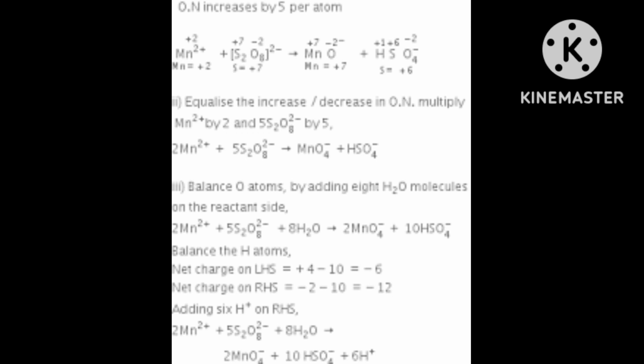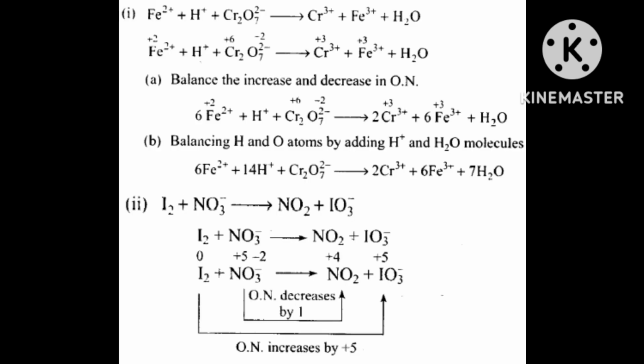Only one H2O. One H2O means 2 hydrogen came, and along with hydrogen, oxygen also came. Now if you check oxygen-wise and hydrogen-wise, you will find that the number of hydrogen and the number of oxygen is equal on both sides. Manganese and bromide are already equal. Hence now the equation is fully balanced.